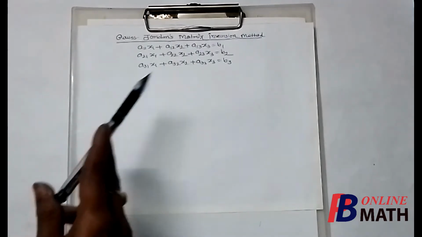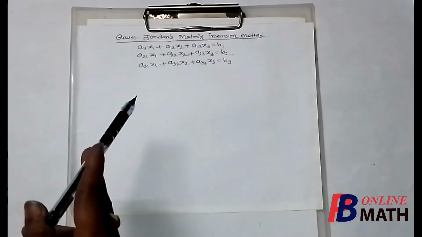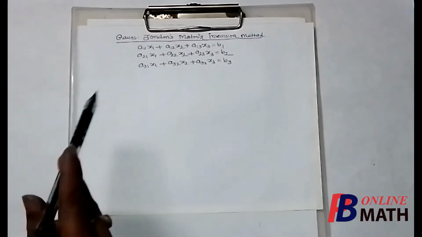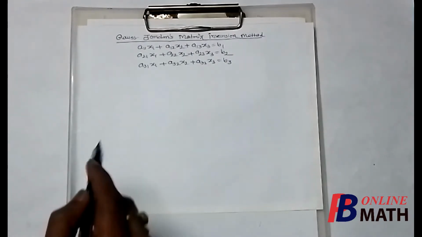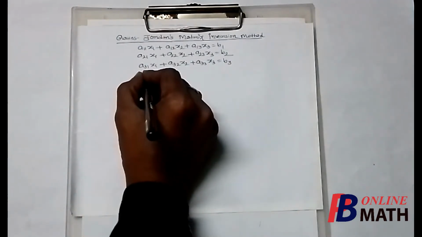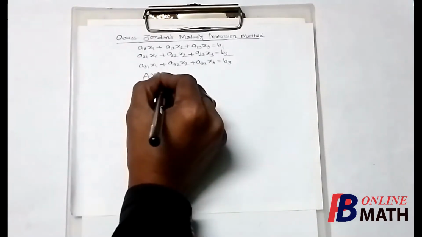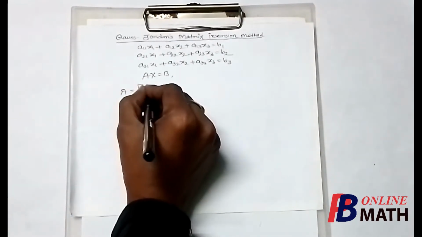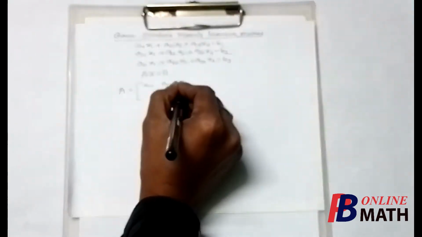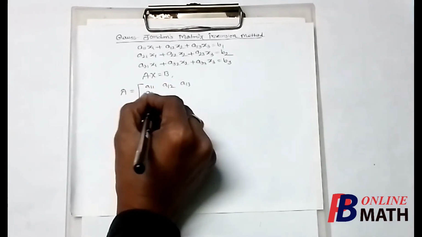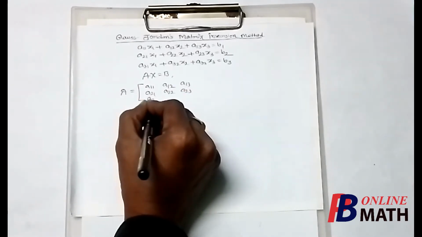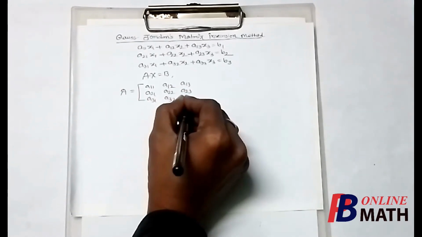The unknowns are x1, x2, x3. So we shall solve this equation by using matrix inversion method. So this system can be written in this form: Ax equal to B, where A is the coefficient matrix A11, A12, A13, A21, A22, A23, A31, A32 and A33.